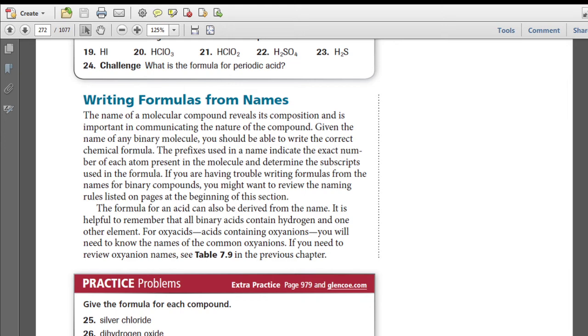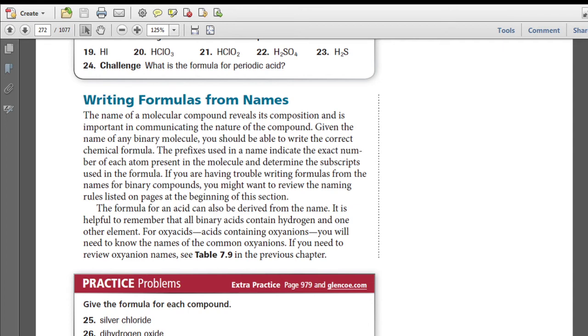The formula for an acid can be derived from the name. It is helpful to remember that all binary acids contain hydrogen and one other element. For oxyacids, acids containing oxyanions, you will need to know the names of the common oxyanions.